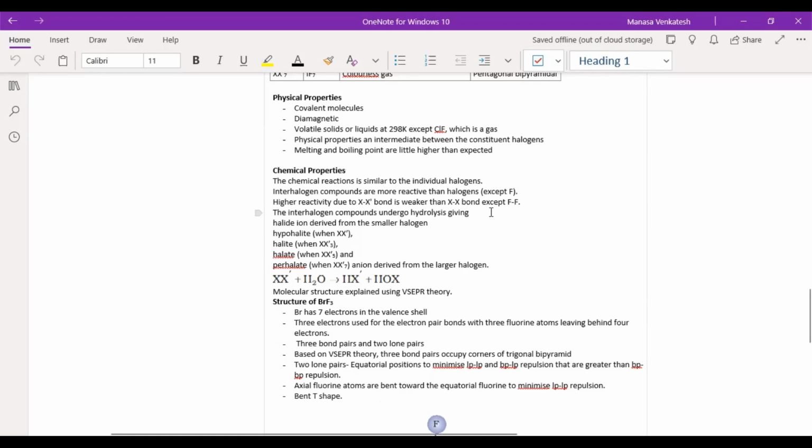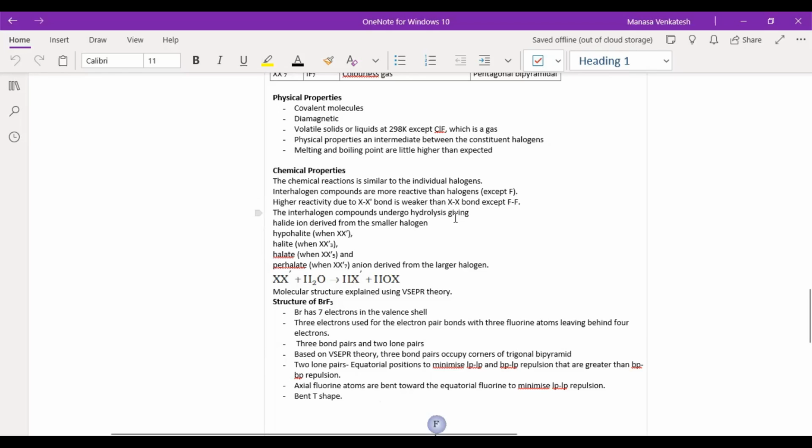And this high reactivity is because the bond between halogens is actually stronger than the interhalogen bond due to variation in size. Due to that, the X X dash bond is actually weaker than the X X bond. This, however, excludes fluorine. As I told you, the fluorine bond is actually quite weak due to the presence of repulsions.